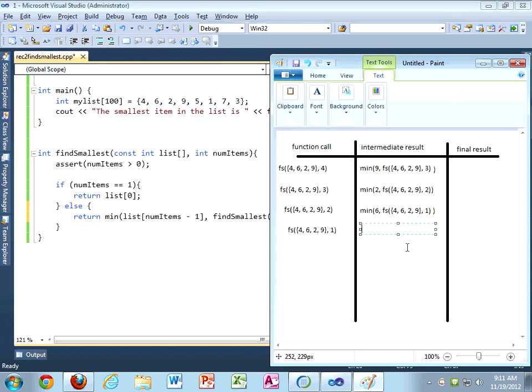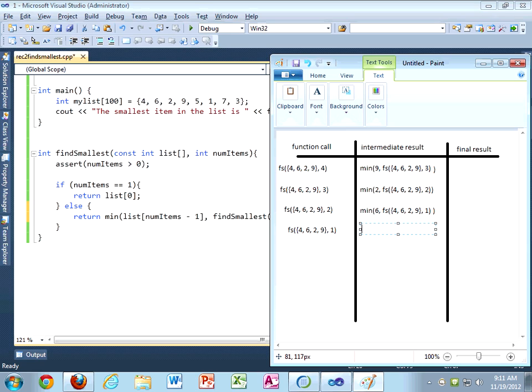It's 4, right? Because num items is 1, that means I'm really only looking at the first element in the list. Does that make sense? So when I'm doing all these function calls, I'm writing the whole list still, but really another way I could have done it is I could have just written down the part of the list that we were talking about, right?